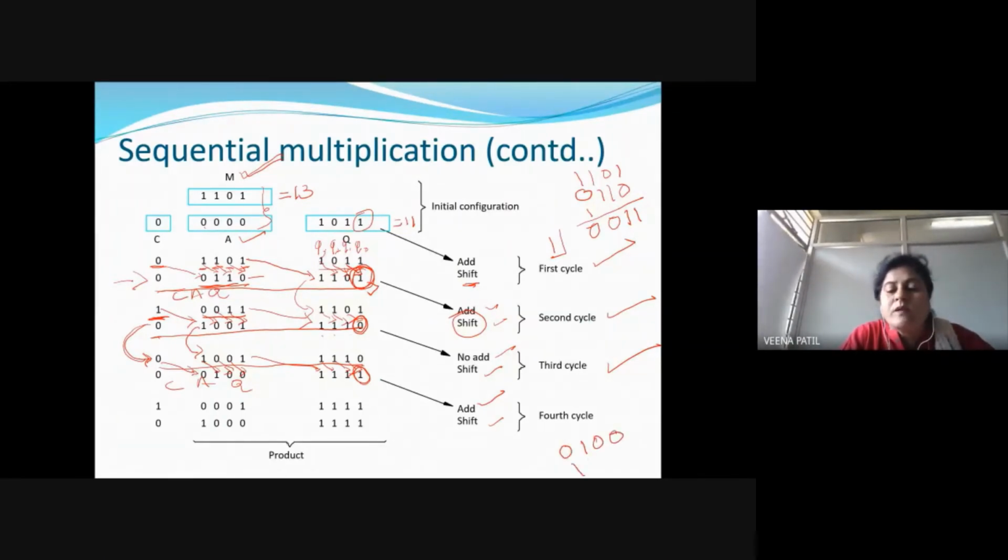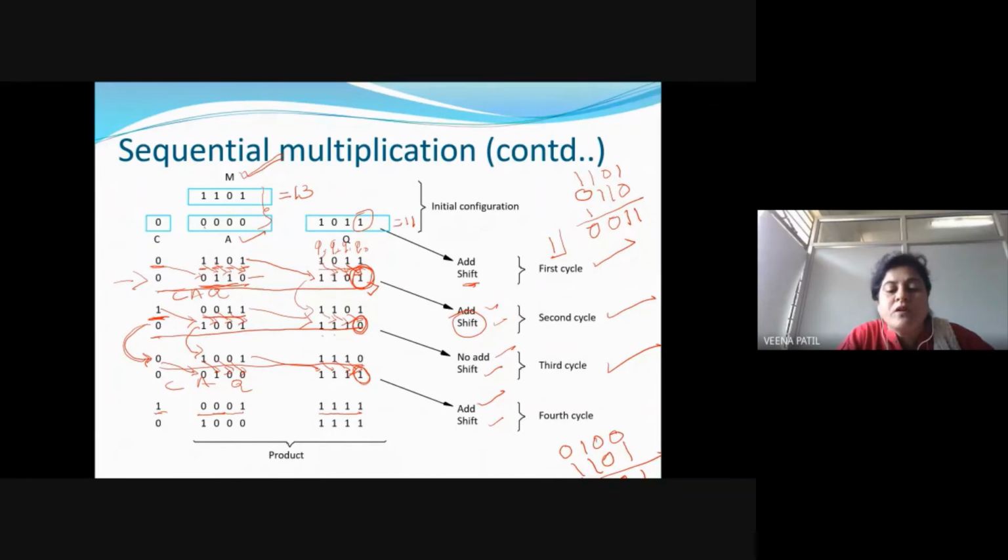M value will remain the same, that is 1101. Now perform addition of these two. So it will be 1 0 0 0 1 carry. Right? So the answer is carry 0001. The value of Q is still the same, that is 4 ones.